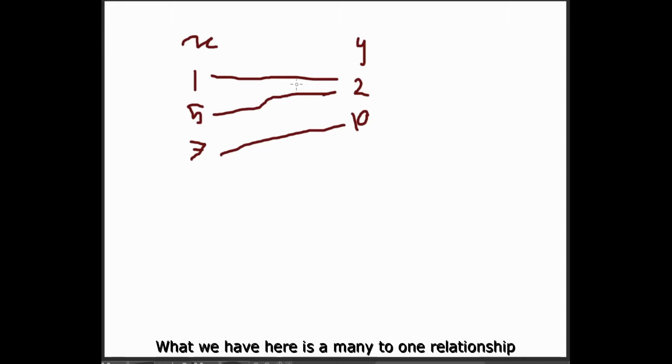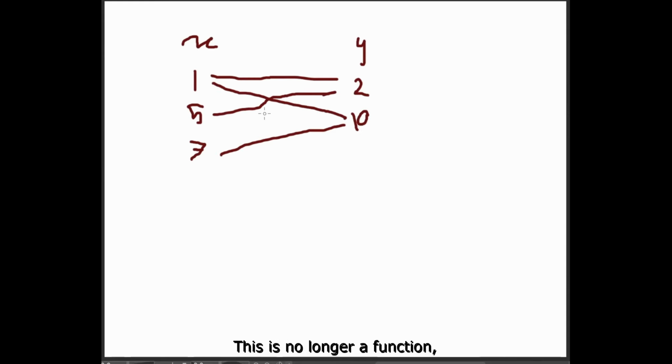What we have here is a many-to-one relationship because two values of x are relating to y. But if, let's say, we have 1 also relates to 10, this cannot count as a function. This is no longer a function, a quadratic function, because it is a one-to-many relationship.